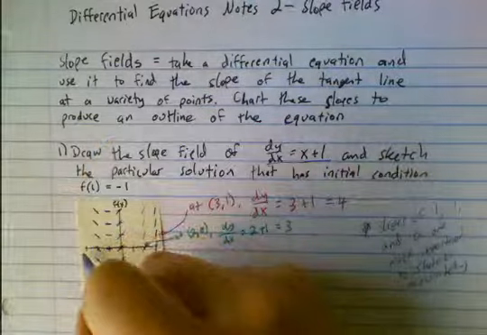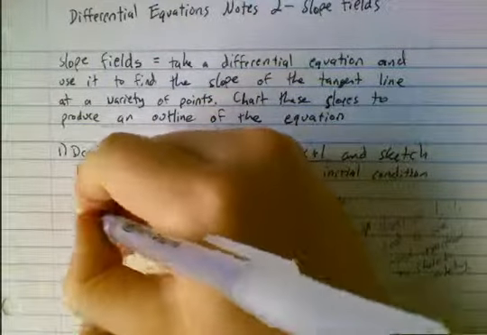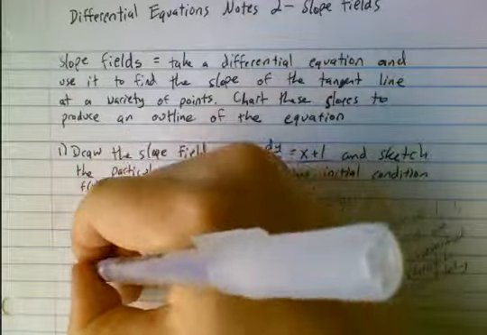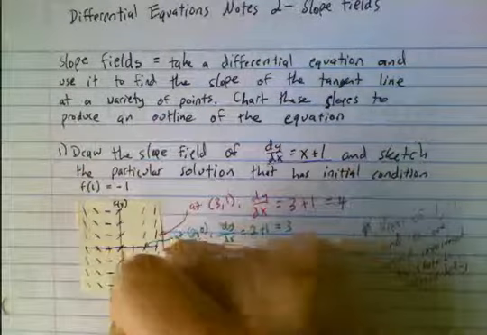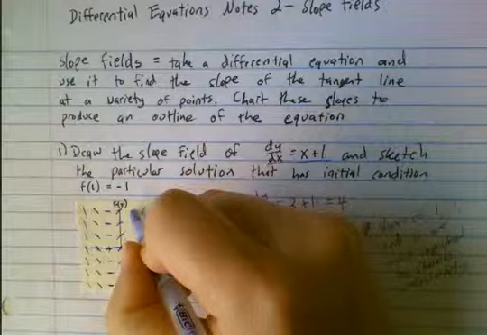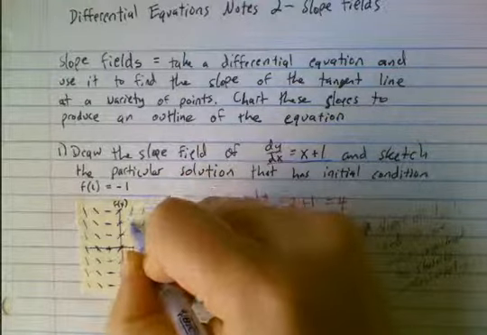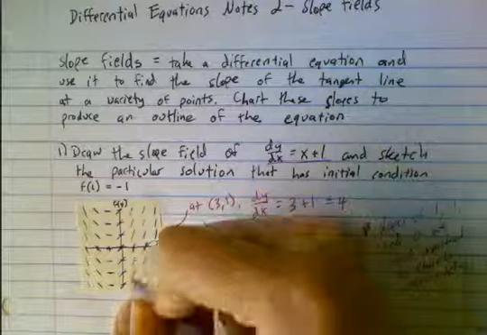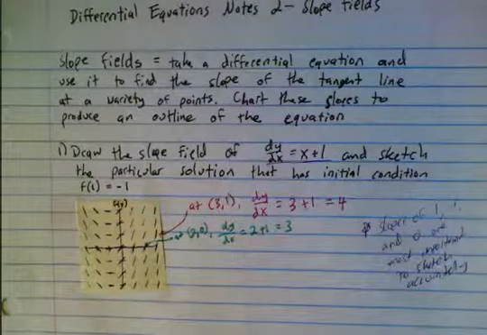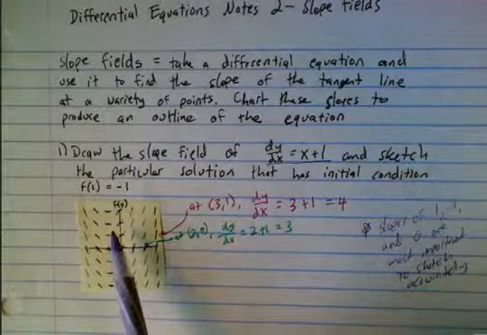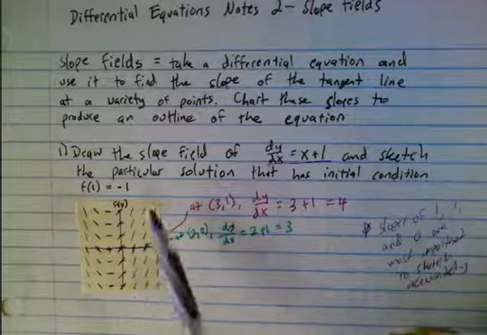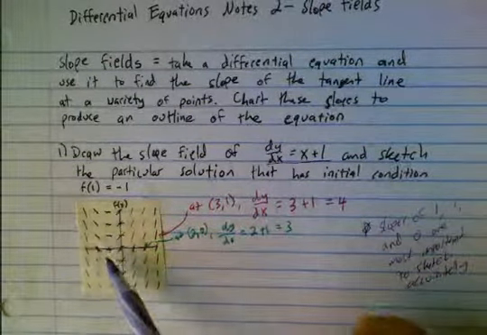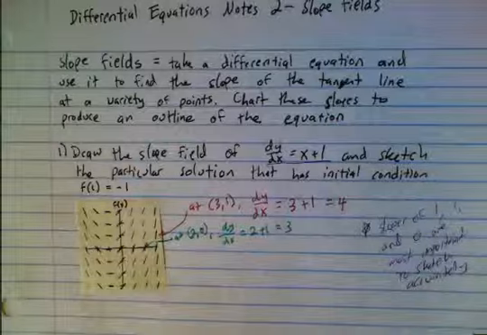When x is negative 3, negative 3 plus 1 is negative 2, so it's going to be about at that angle. This line, 1 plus 1 is 2, so it's going to be again about at that angle. So notice that the slopes of 2, 3, and 4 are all kind of hard to tell apart. That's okay as long as the zeros and the ones and the negative ones are accurate.